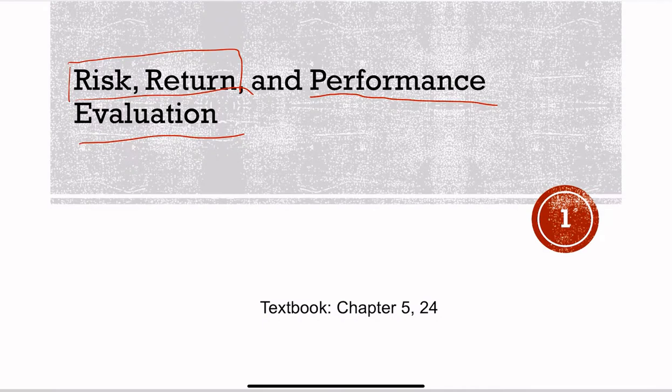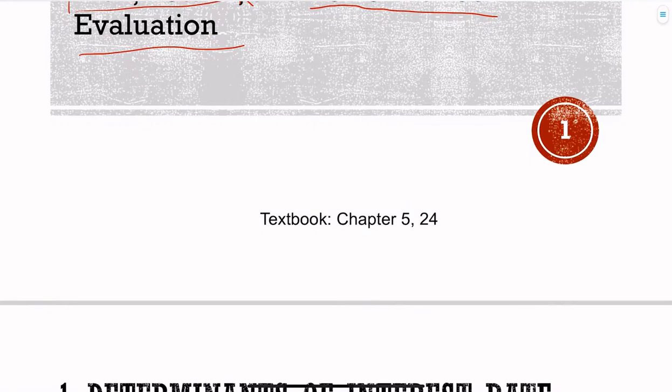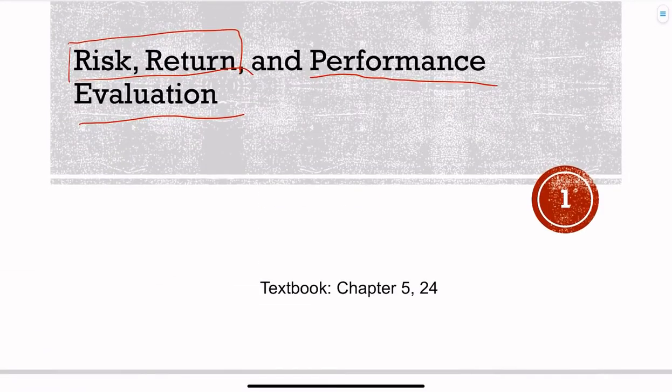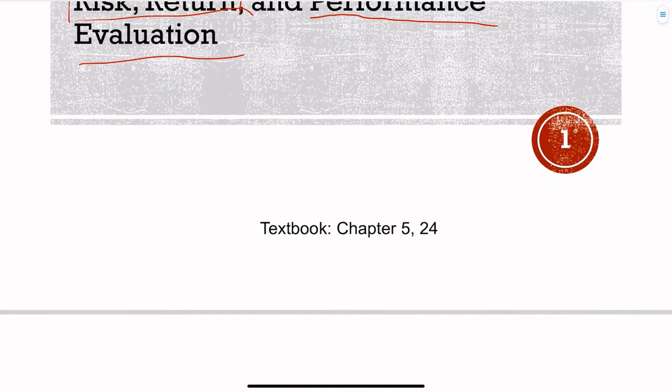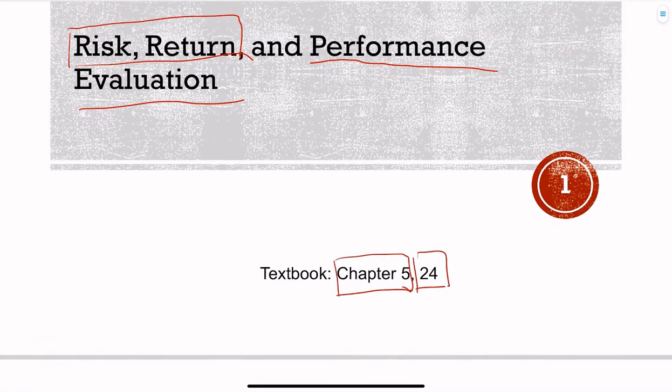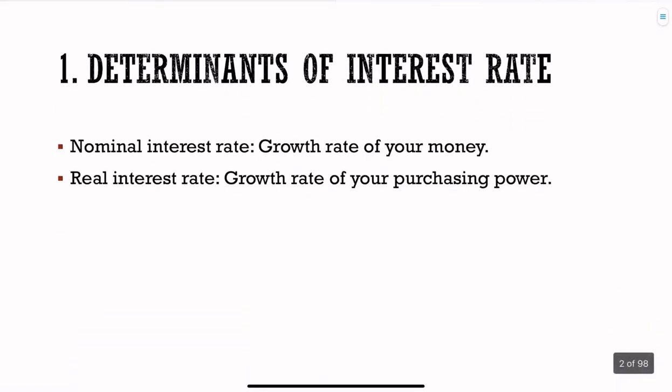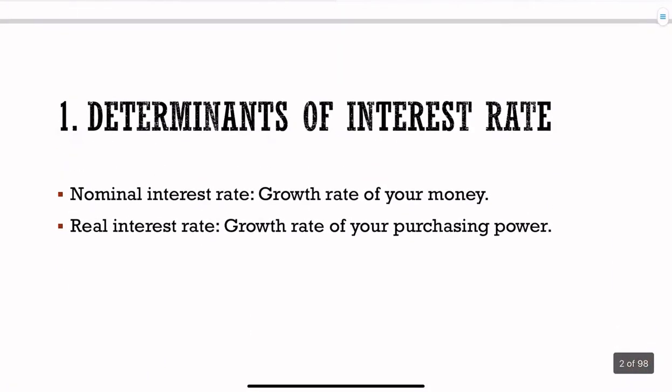Clearly, you can see that to answer this question, a very basic requirement is you need to understand how to evaluate its performance. So this is also a very useful chapter. This chapter is based on chapter 5, which is about risk and return. Chapter 24, which is about performance evaluation. Okay, so let's first talk about returns and risks.